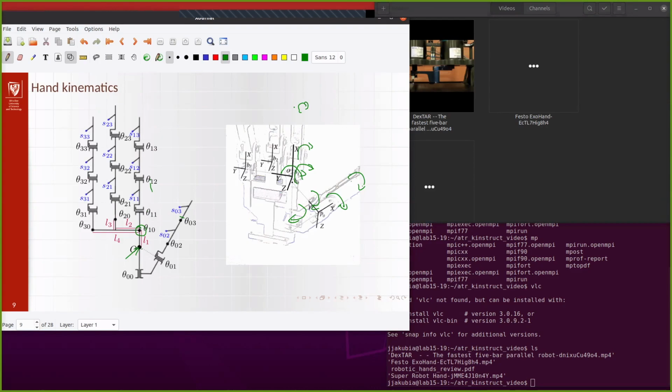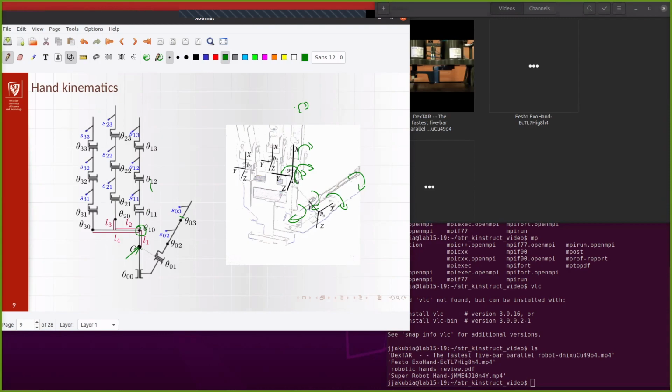Okay, and then when you get the task to solve the kinematics of such a structure, you may start to think, okay, so what are the points of interest and what do we want to control?